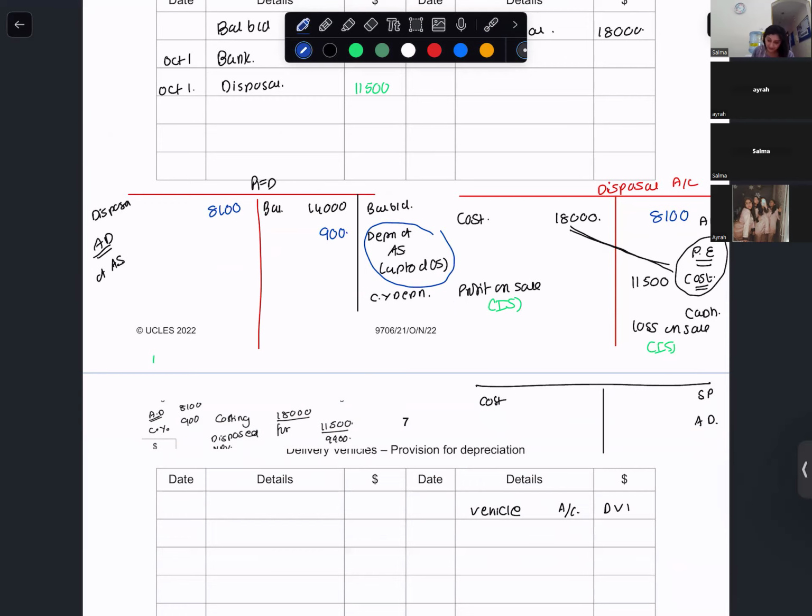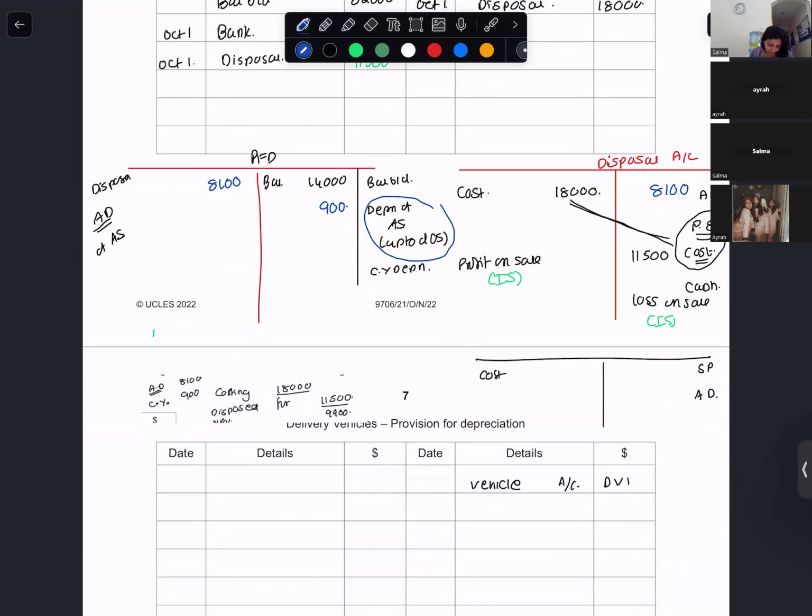Asset which had a carrying value of how much? 9,900. How do you get the carrying value? Cost minus accumulated depreciation. 18,000 minus 8,100, 9,900. 9,900 was disposed for 11,500.